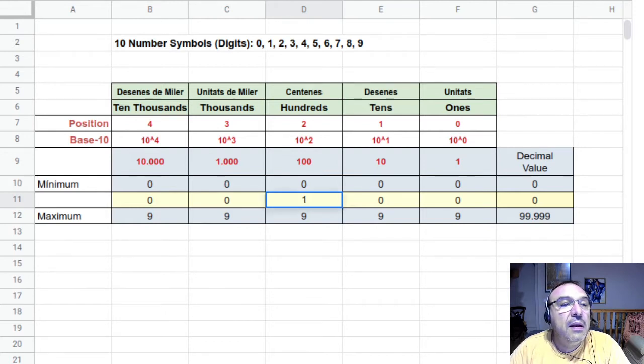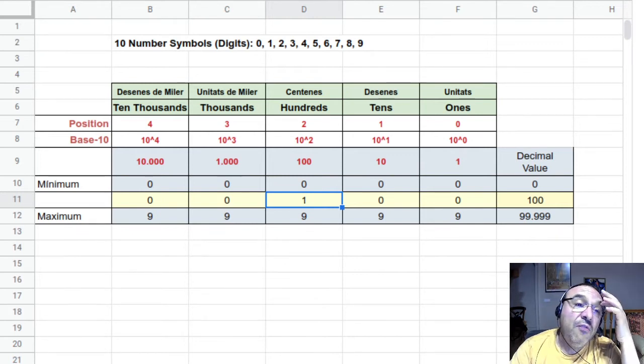So a digit 1 in that position means 100. With that rule, you can write any number using just the 10 digits from 0 to 9 and any position. So for example, let's say that we want to write the number 111.